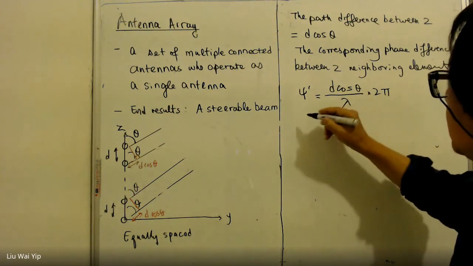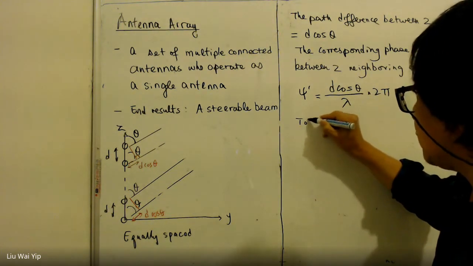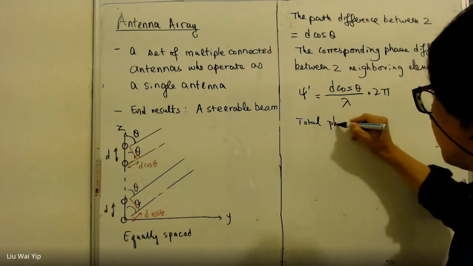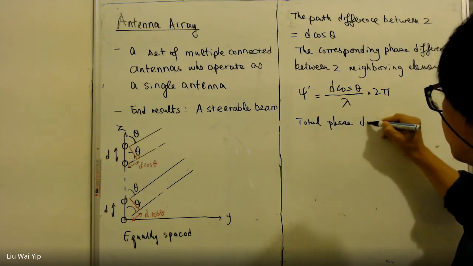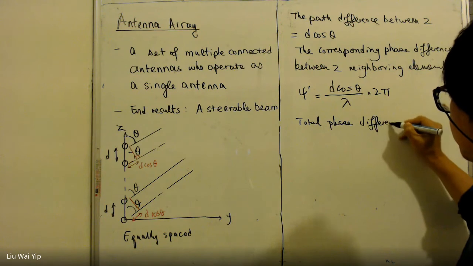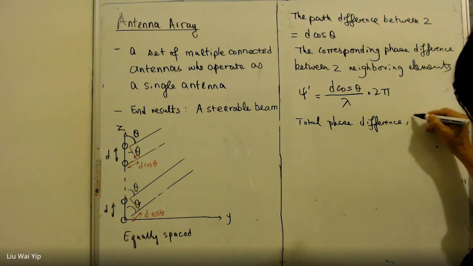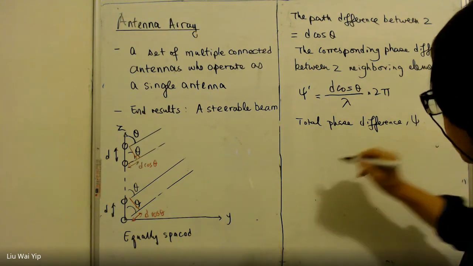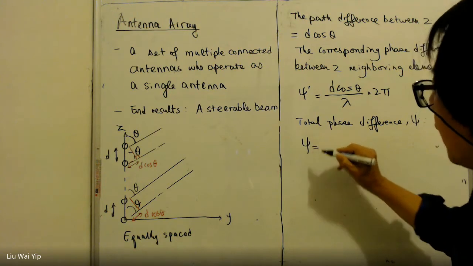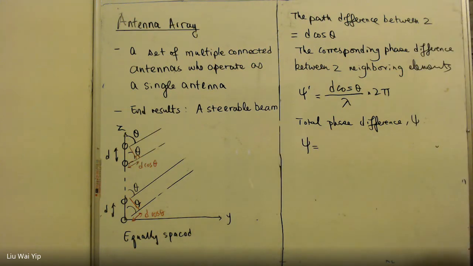So the total phase difference can be artificially engineered.